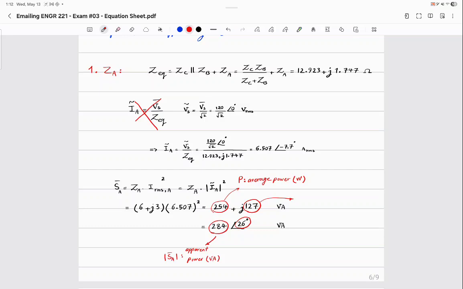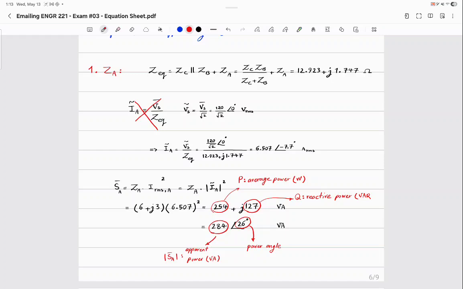Do you remember S was equal to P plus jQ? Is it relative power? Reactive, not relative. Reactive power. Yeah, Q or reactive power. And finally, what is the name of this guy? The easiest one. Power angle. Let me ask you a more difficult question. What's the units? Degrees. Yeah.